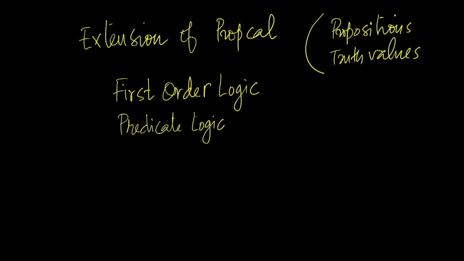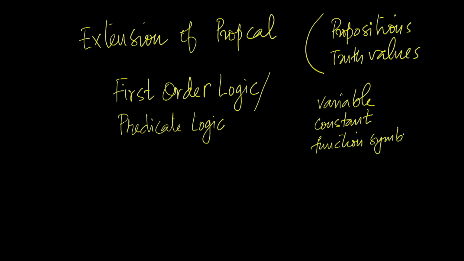So, when we extend propositional calculus to first order logic or predicate logic, we have variables. Variables are akin to pronouns in English. Constants are similar to proper nouns in English. Function symbols. Function symbols are used to create entities which can be used as names of objects.